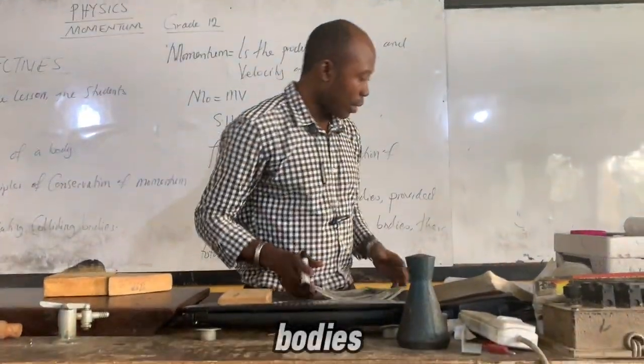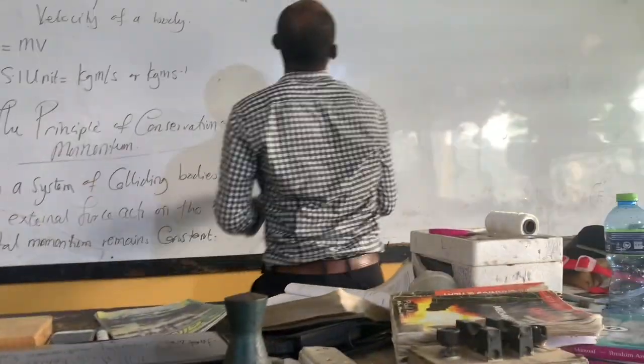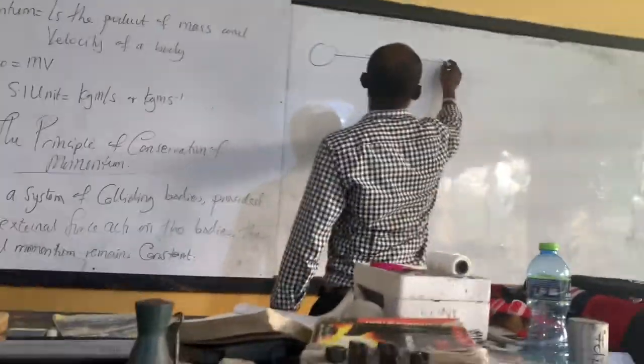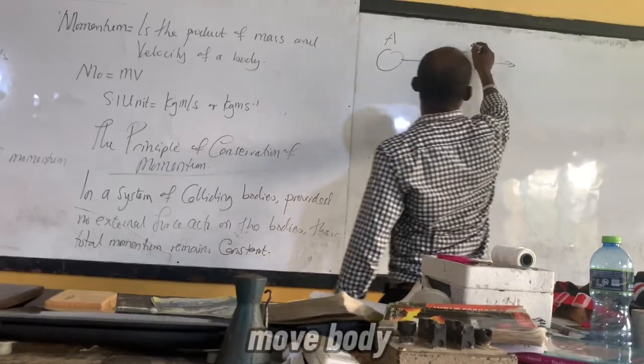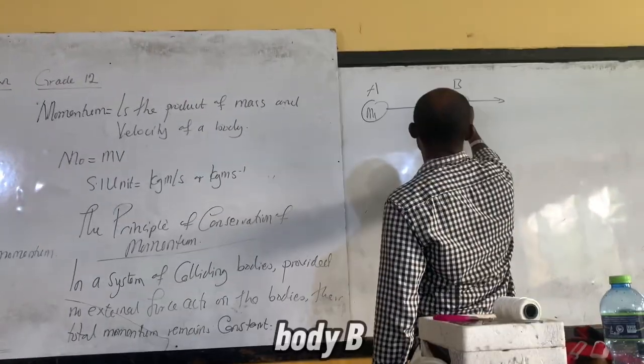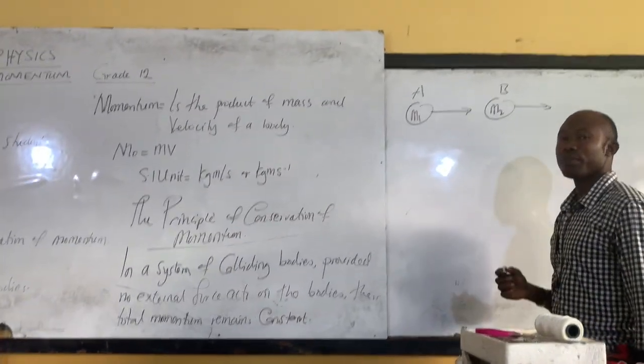Let's look at two bodies. Body A of mass M1, body B of mass M2.